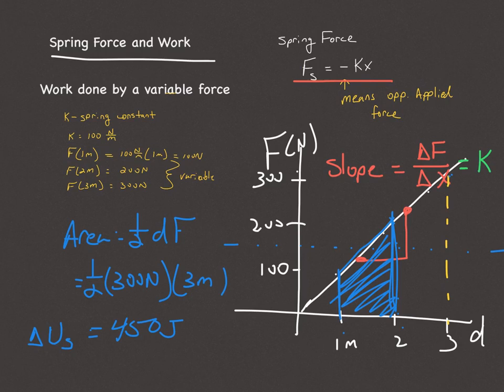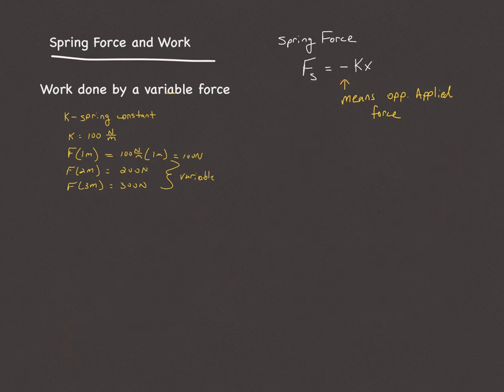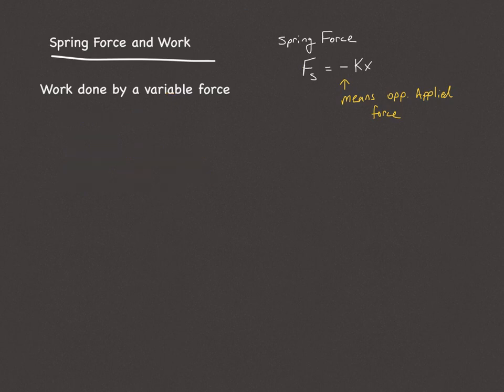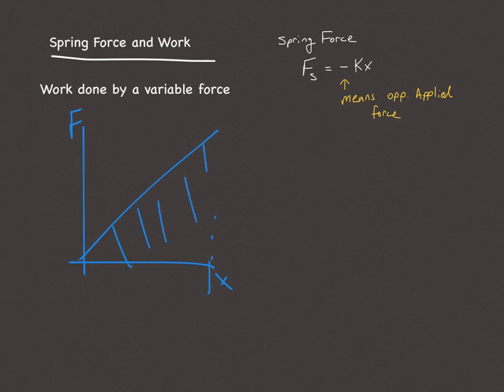The next thing we're going to do is look at the spring energy equation and where that actually comes from. So just from the area of that graph of force, and I'm going to use x as spring stretch here, at any value of x, at any value of force, the area underneath that graph, which will be the work done, would always be 1/2 the base times the height, here the height being the force, the base being x.